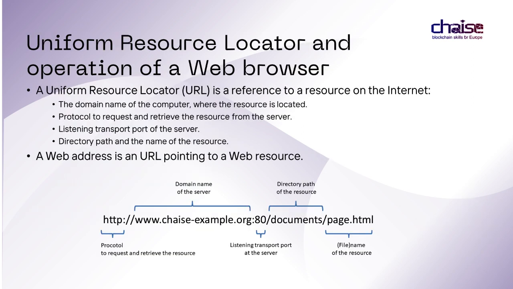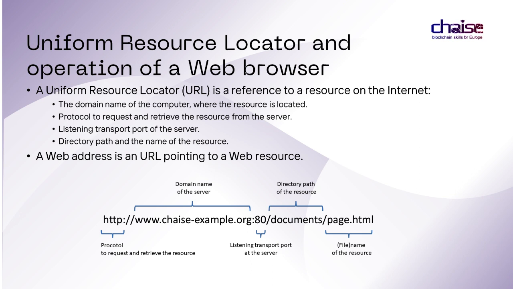A Uniform Resource Locator, URL, is a reference to a resource on the Internet. It is comprised of the domain name of the computer where the resource is located, protocol to request and retrieve the resource from the server*, listening transport port at the server*, directory path and the name of the resource*.